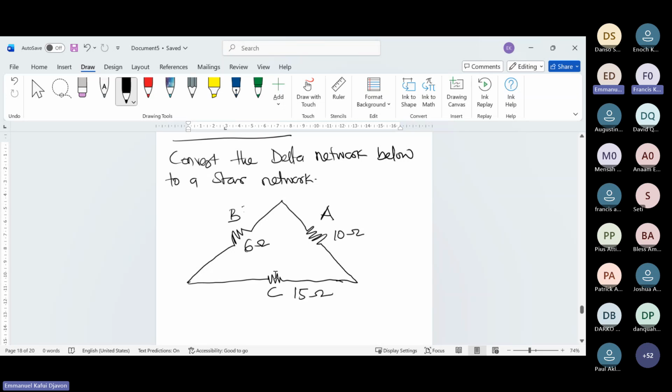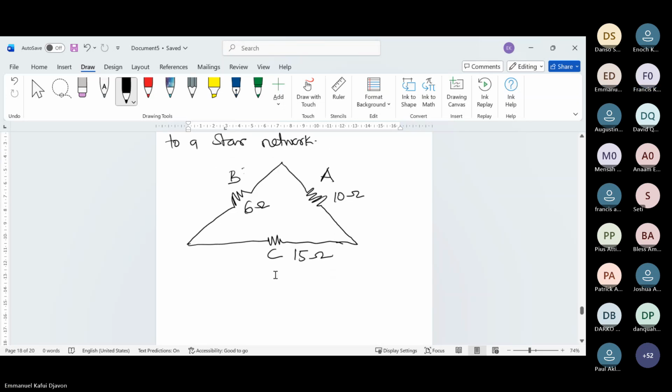I think you are done now. So let's solve it. So here we need P. So just draw the star network inside the delta.